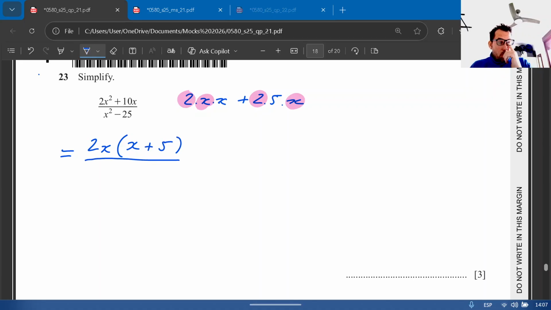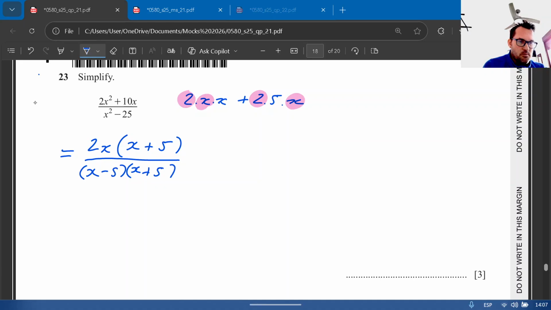Okay, x squared minus 25. Remember this is a difference of squares. It's got an x squared, so we know we're going to make 2 brackets. An x and an x. Remember, in these questions one of the brackets is always the same, so there must be an x plus 5. But how do we get minus 25?